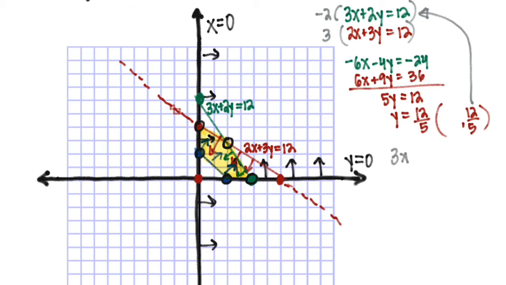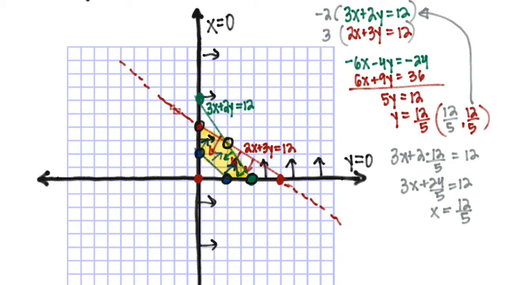When you do that, 3x plus 2 times 12/5 equals 12. You solve that, 3x plus 24/5 equals 12. However you want to solve that, we're going to end up getting x equals 12/5. I encourage you to take the time to make sure you know how to do that with fractions. Very important skill for you to have at this level.